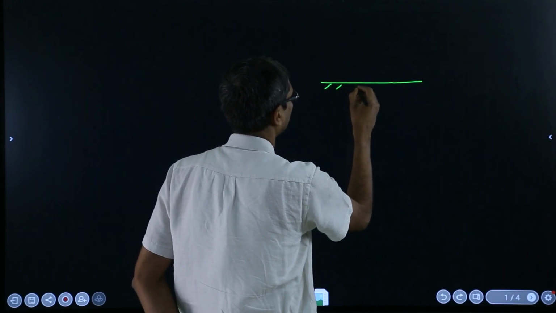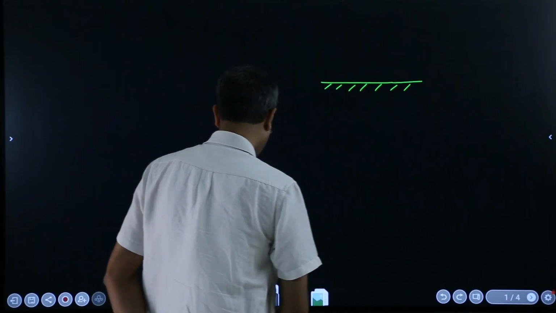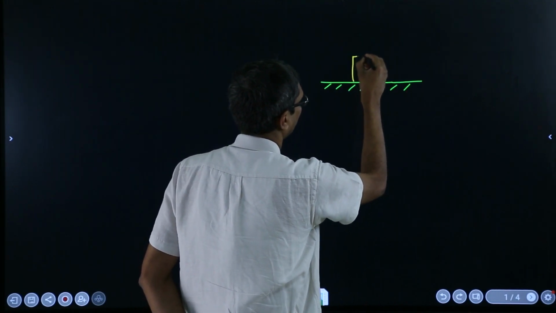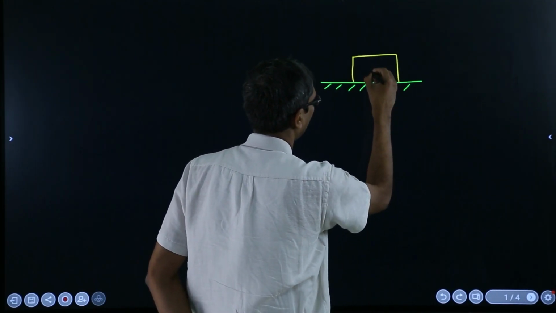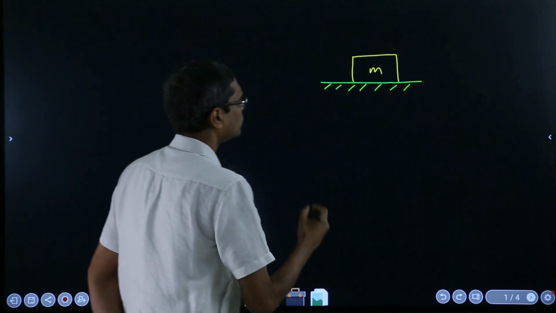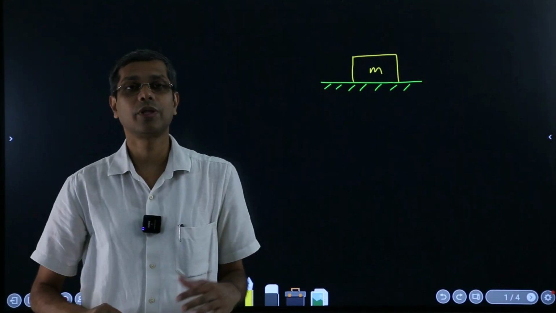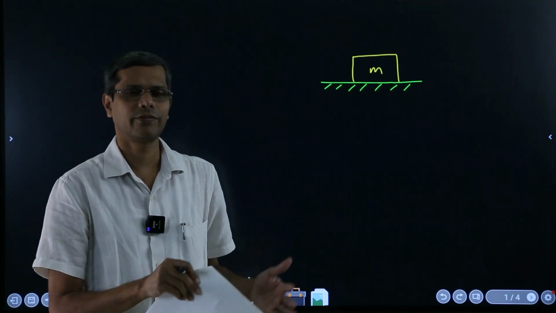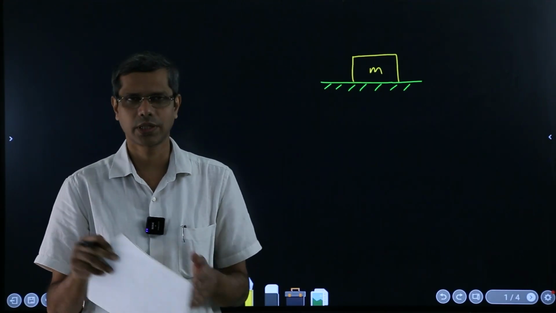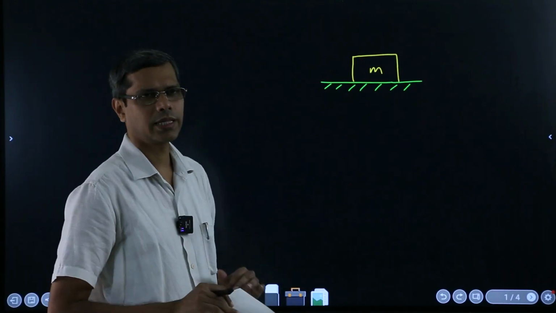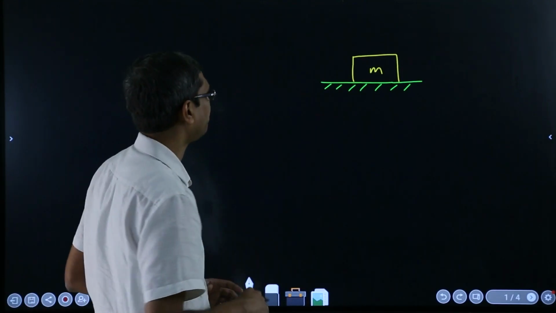Suppose there is a ground here and we have a mass m and a coefficient of friction. Now when I say you know the basics, I also assume that you know the difference between static coefficient of friction and dynamic coefficient of friction and angle of repose. All those things are assumed to be known.